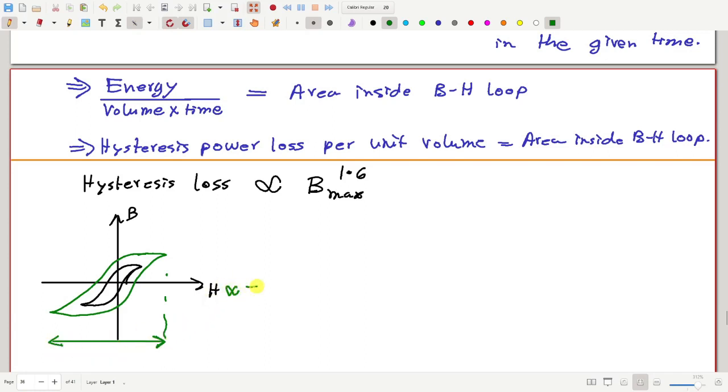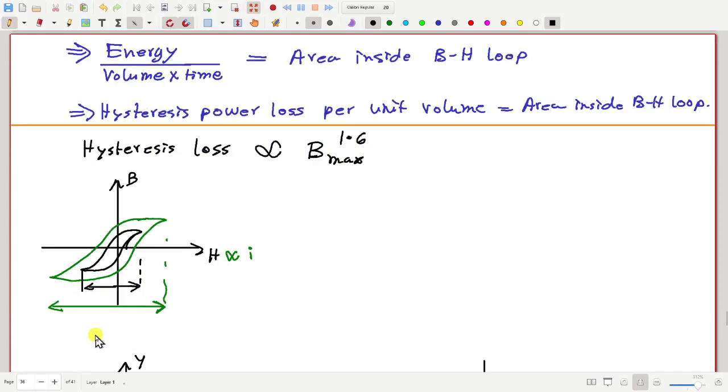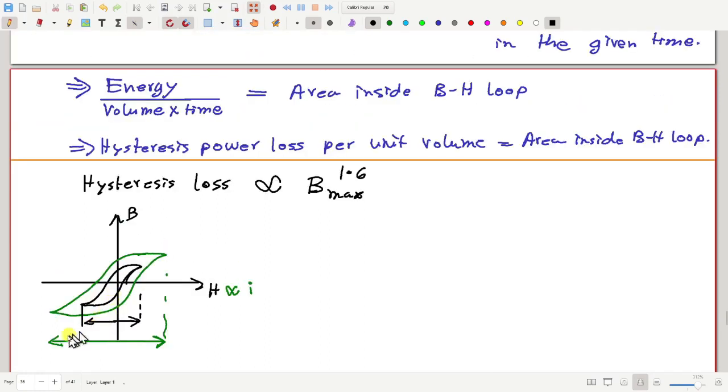H is proportional to the current I. Okay, and in the previous case, how much was the variation of current? That was from here to here. Now suppose this green current is twice as large as this black current, I mean the amplitude of the green current is twice that of the black current, then the width of this graph is twice.